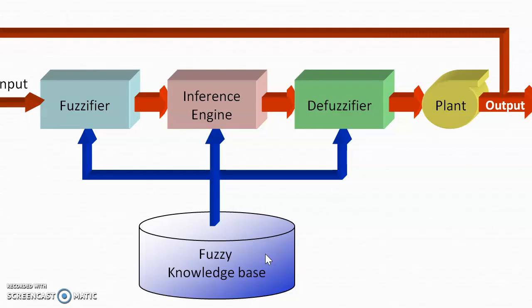So tuning all those fuzzy parameters, this plant will deliver the desired output. So this is how the fuzzy control system works.